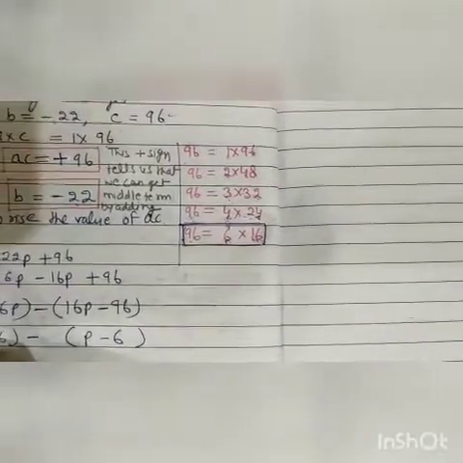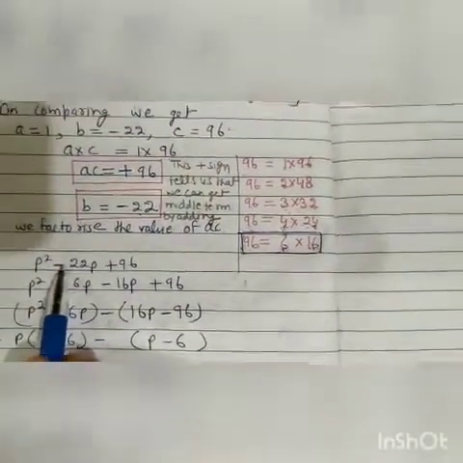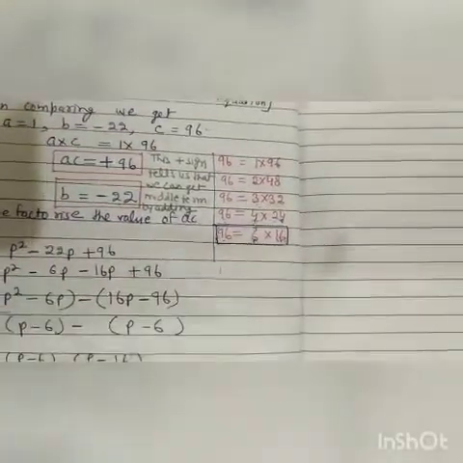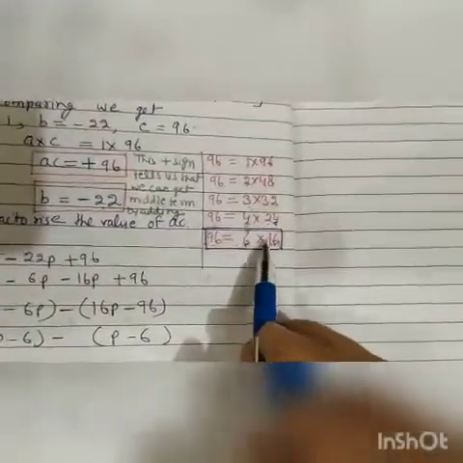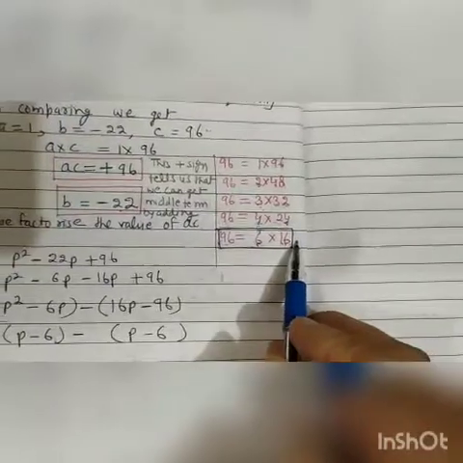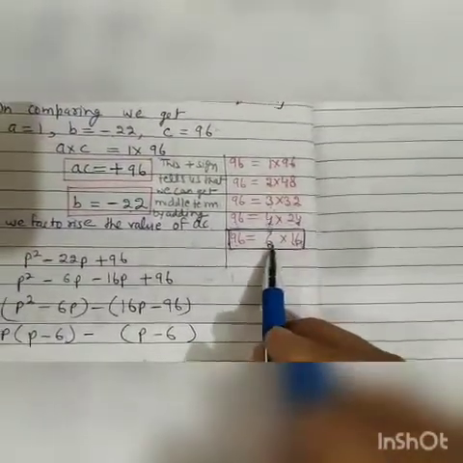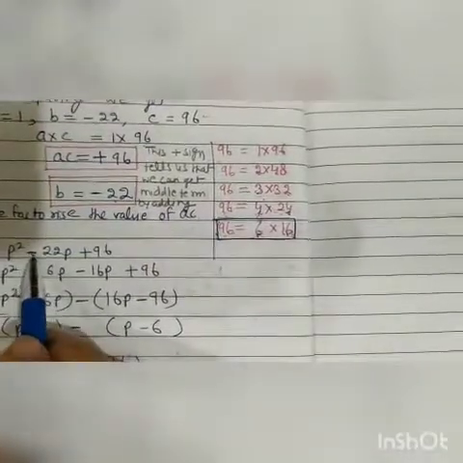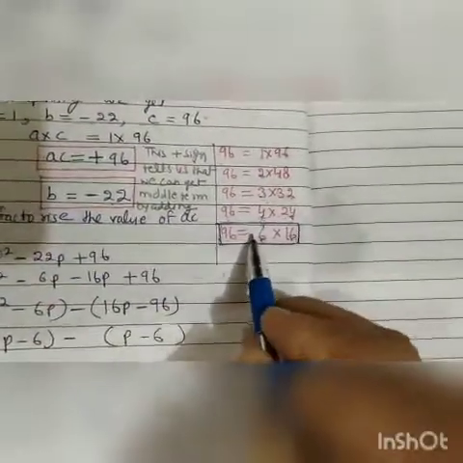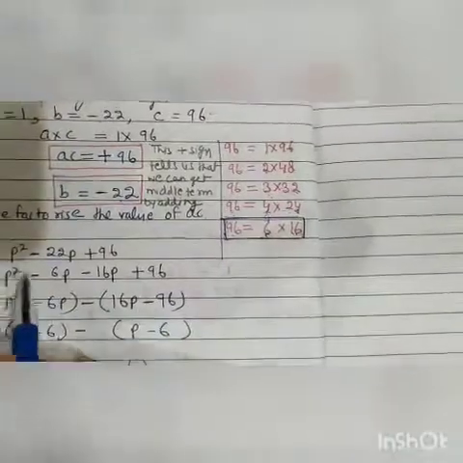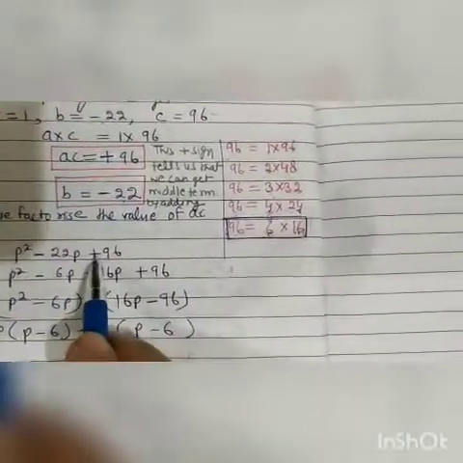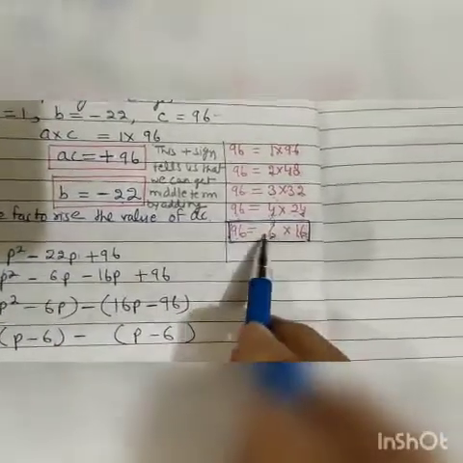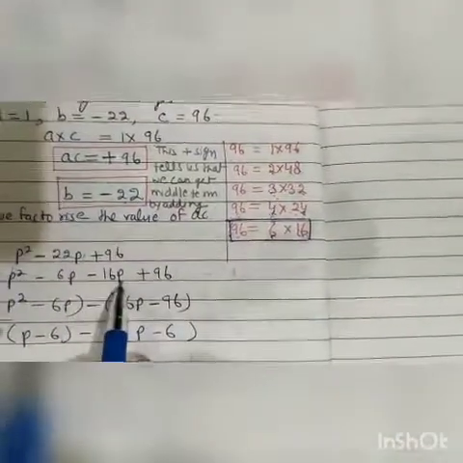And I told you in the previous question also that when we get the middle term by adding the factors, then we put the same sign. Here the sign of the middle term is minus, so we will put minus in both the terms. So we will write p square as it is, plus 96 as it is. This minus 22p will be written as minus 6p and minus 16p.